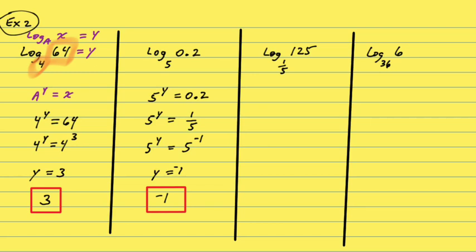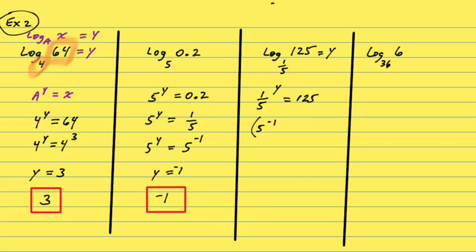Let's do the same with the next one. Ideally, I would say 1/5 to what power is 125? Well, 5 to the third is 125, and because it's a 1/5, it's 5 to the -1. So I'm going to assume it's -3 is my answer, but let's write it out. The base raised to the y power, which is what we're looking for, equals 125.